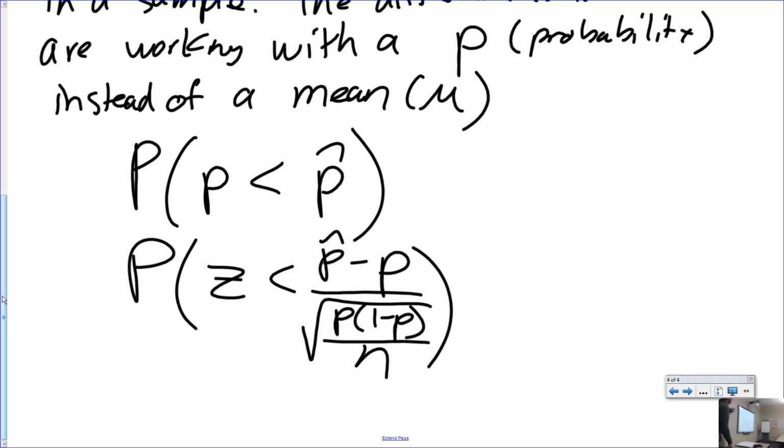I know that looks a little bit weird, but we'll do one example, and once you see it, you'll think, oh, that's what you're talking about. Again, if you look on your formula sheet, you will see this formula written down somewhere, and that's essentially what we're going to learn how to deal with here in a second.